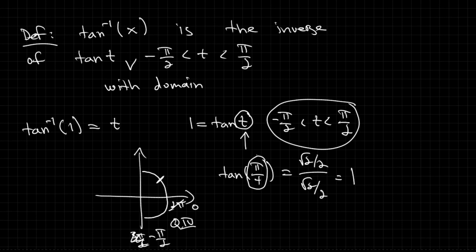Again, to be clear, there are other t values outside of this range that give me tan t equals 1. You can check that tangent of 5 pi over 4 is also equal to 1. That's true. However, 5 pi over 4 is not between minus pi over 2 and pi over 2. And so tan inverse of 1 would be pi over 4.